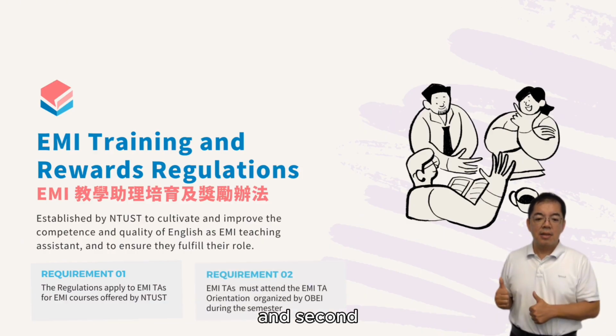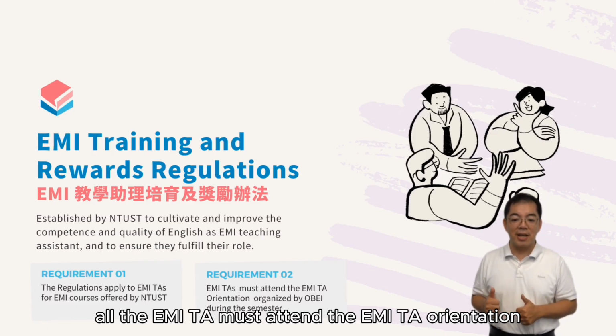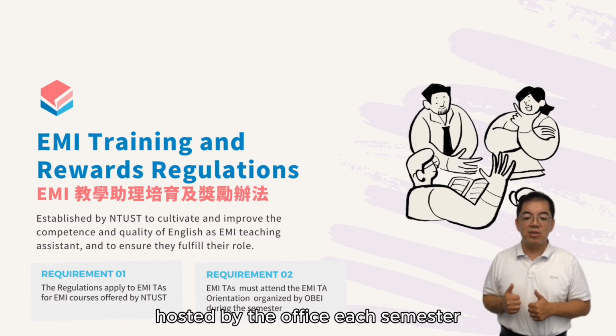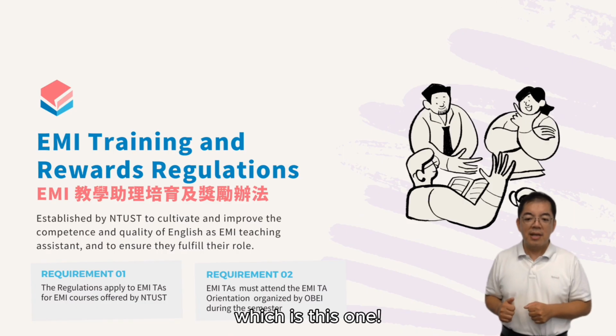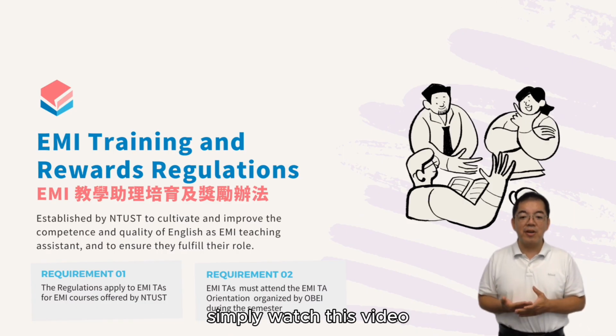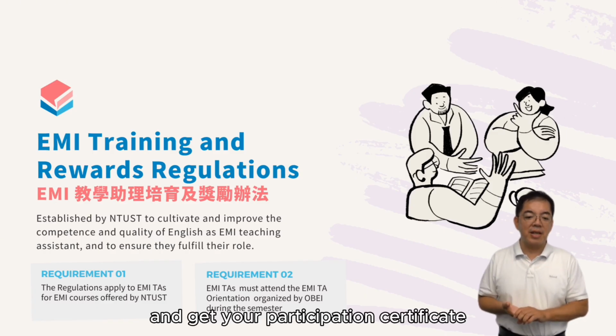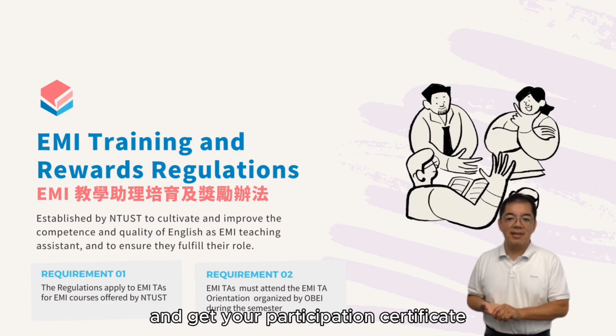And second, all EMI TAs must attend the EMI TA orientation hosted by the office each semester, which is this one. To make it convenient for students, simply watch this video, complete the TA quiz, and get your participation certificate.